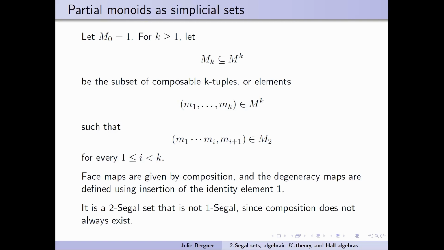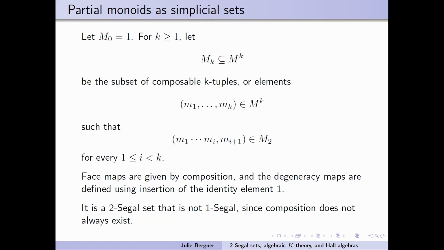And then after that, we take M sub k. This will be a subset of the k-fold product of M. It's the allowable k-tuples that you can multiply. So these are k-tuples such that if I take any string of length i and multiply those together, and then take m_{i+1}, those are in M2.